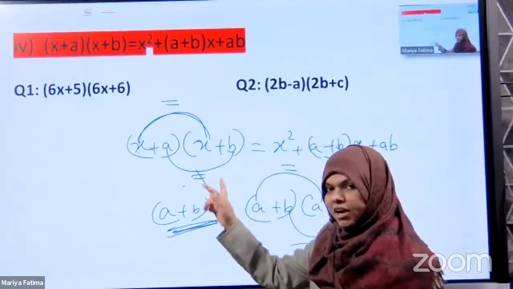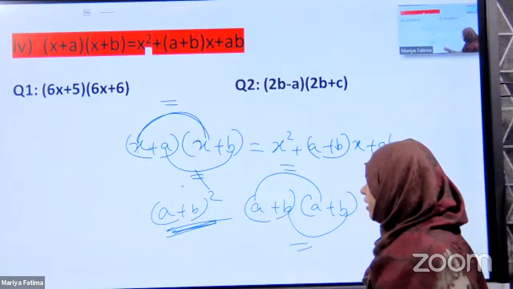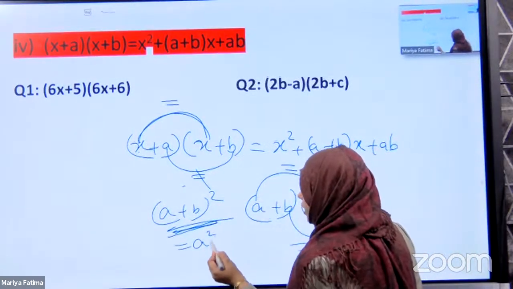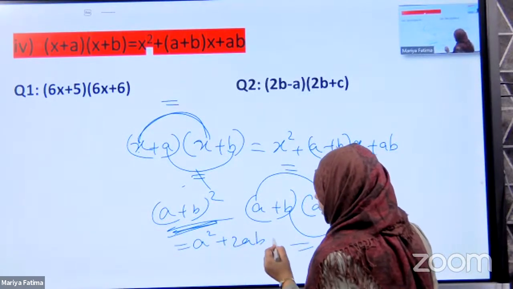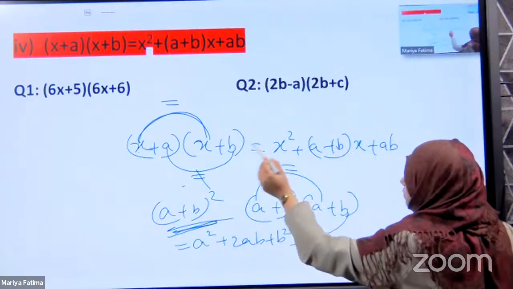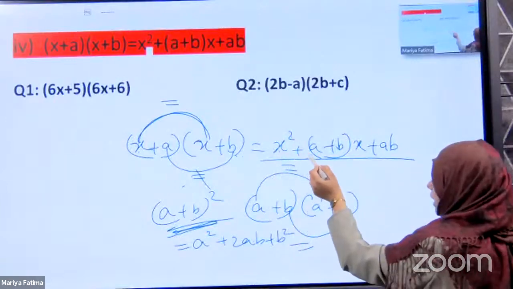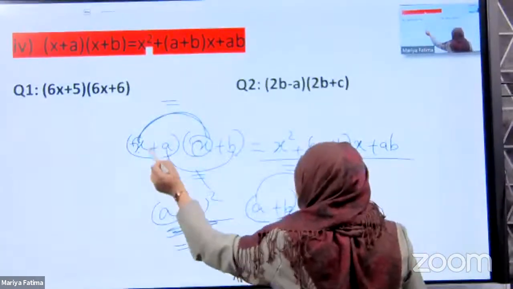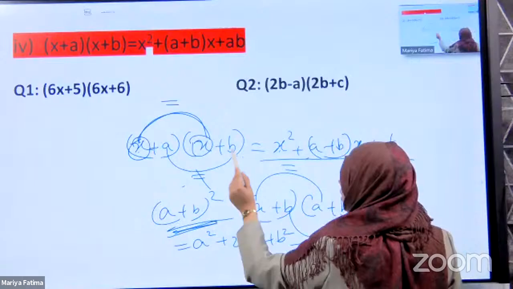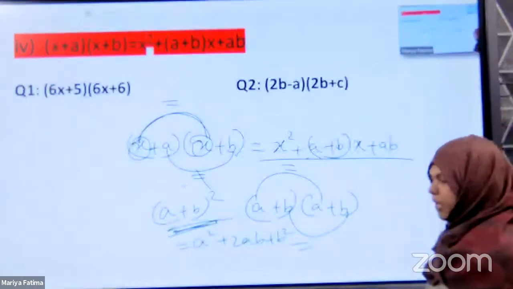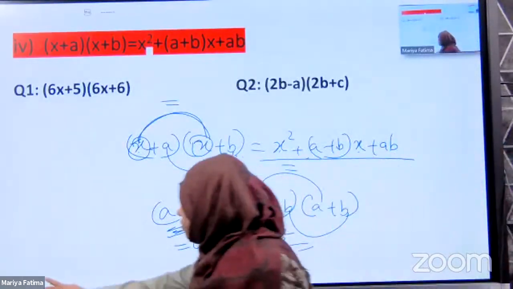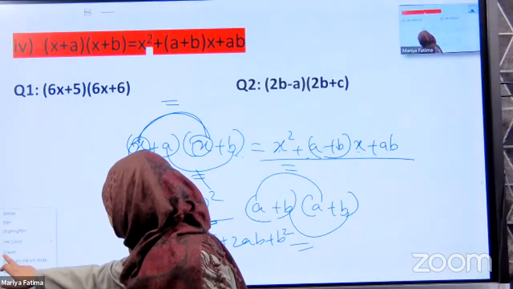So this difference you have to remember. If these two are equal, then the answer is A square plus 2AB plus B square. If these two are different, we have to write in this way: x square, the square of the first term, plus A plus B into x plus AB. You have to remember this. Just we will see how to do this.